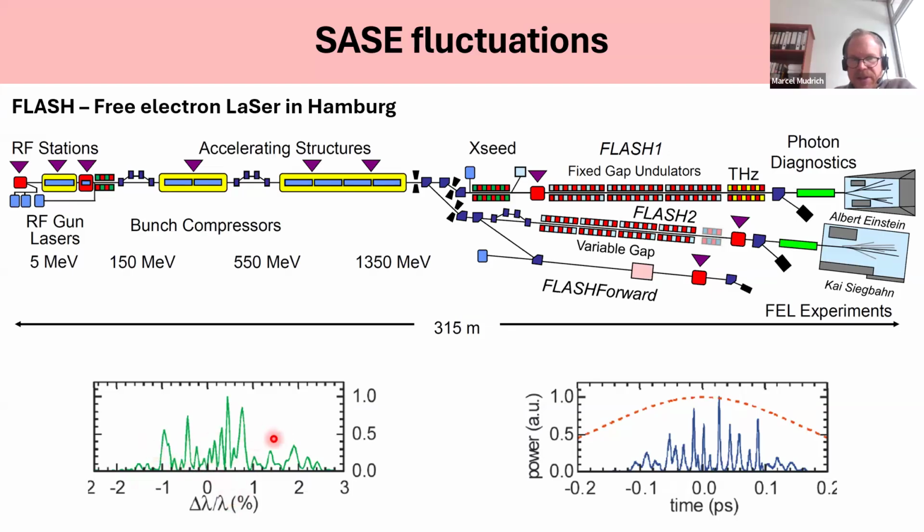But you can see that it's an extremely spiky spectrum in the spectral range. And since the spectral range and the temporal, so the time profile, are usually related by Fourier transformation, also in the time domain you can see that by far this is not just one single femtosecond pulse, but it's actually a whole quite random structure of pulses.